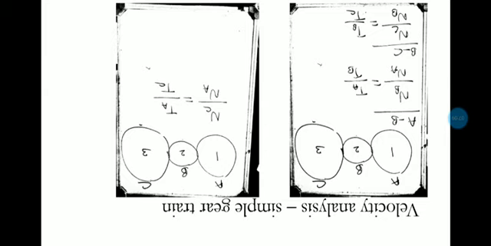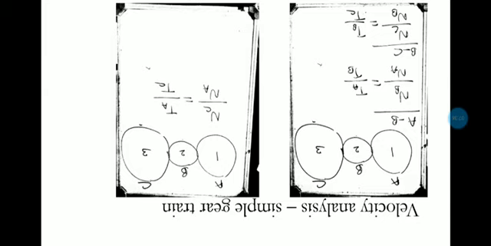In the earlier case we studied an expression which connects speed, diameter, and number of teeth: omega 2 by omega 1 equals T1 by T2 or D1 by D2, regarding our law of gearing.